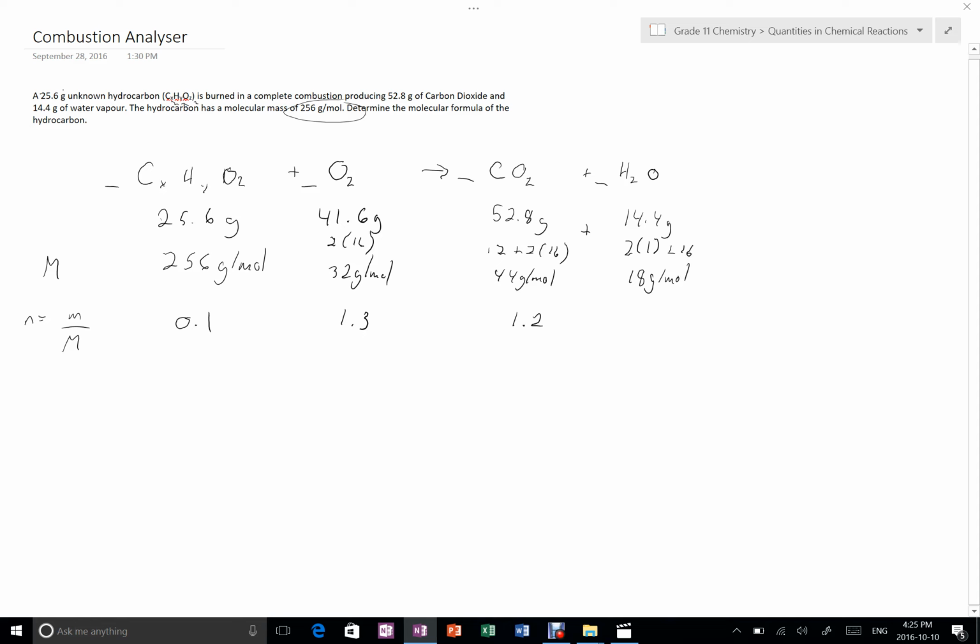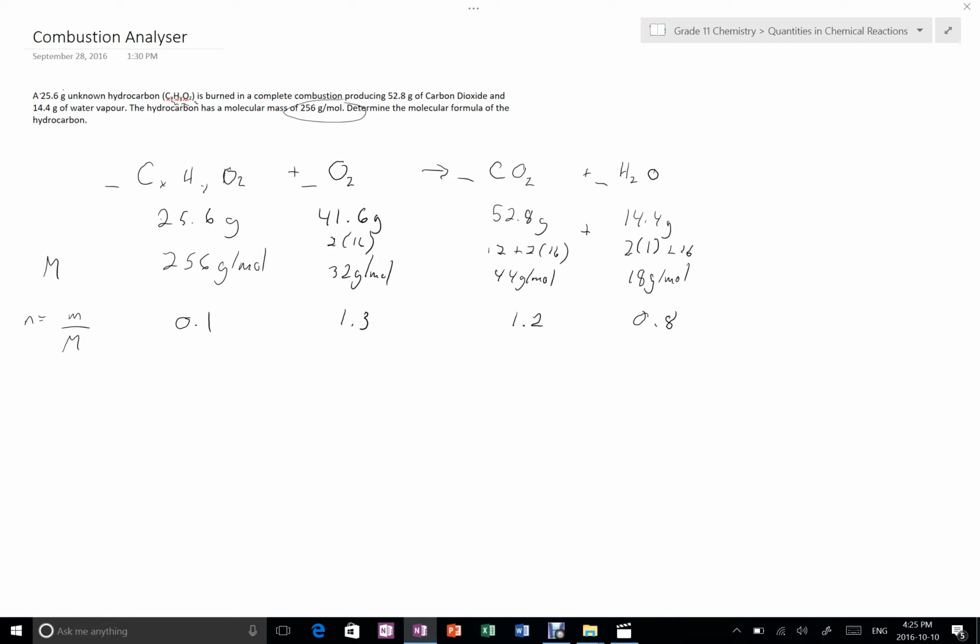And 14.4 divided by 18 gives us 0.8. So this is an actual ratio of the number of particles that are included in this chemical reaction. It's just not a useful ratio because it's not a whole number ratio.